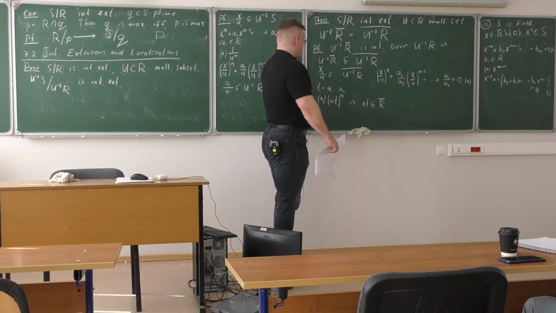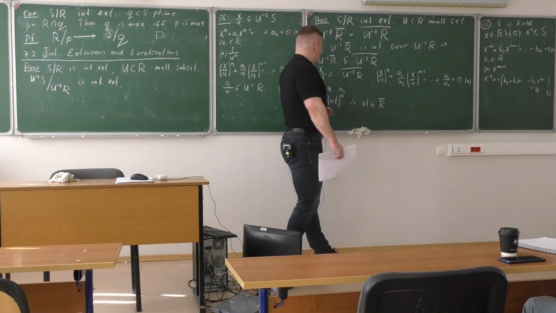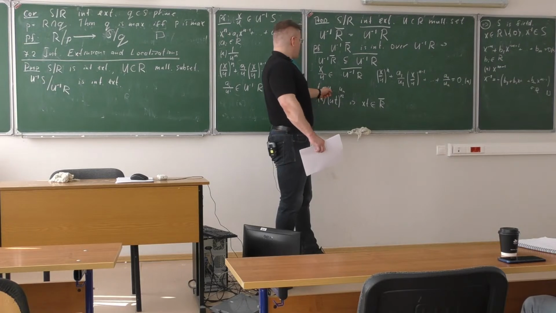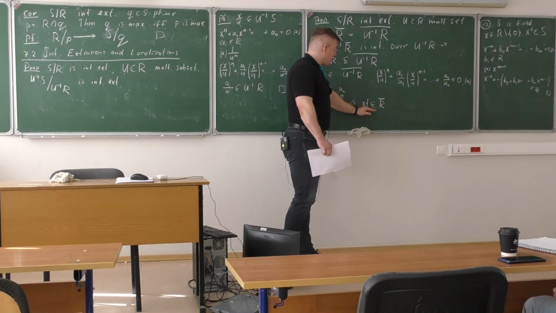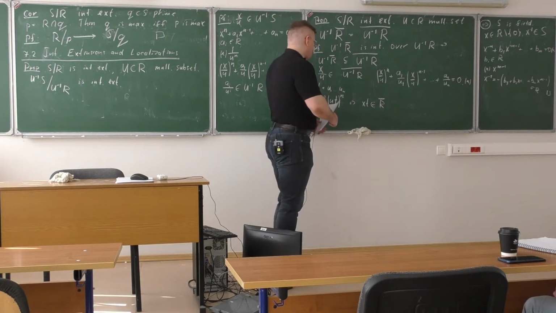One of these u's you use to cancel, and what's left is a power of t, which is n minus 1. So you get an equation of integral dependence for xt.